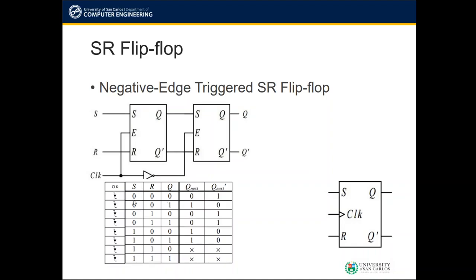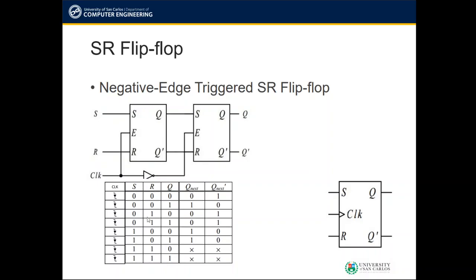If the SR is 0, 0, whatever the value of your Q is, the output of your Q next is just the same. In this case, what we call this is hold the current value or copy the current value. Whatever the value of your Q present is, the Q next value is again the same.